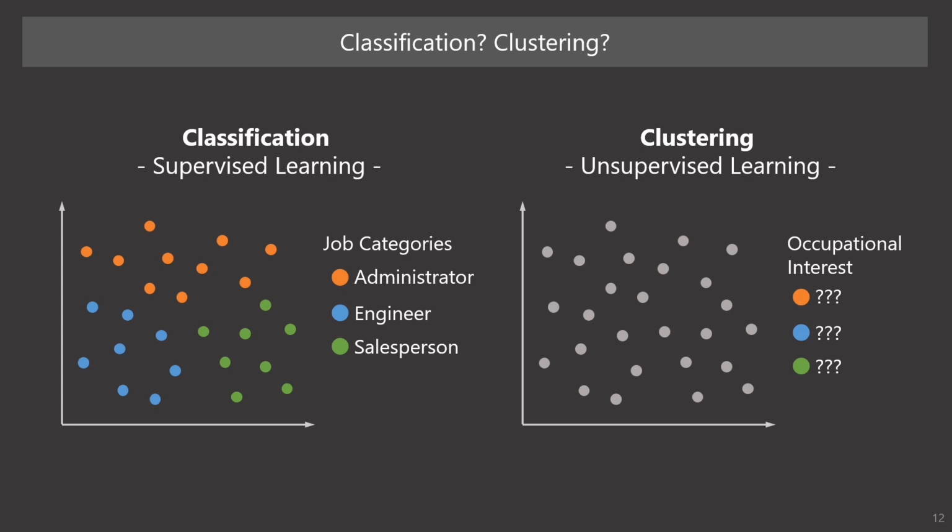We do not need a label variable, but we need predictor variables that characterize the worker's occupational interest. Using features related to the worker's occupational interest, a clustering algorithm finds patterns to categorize the workers into some occupational interest clusters.